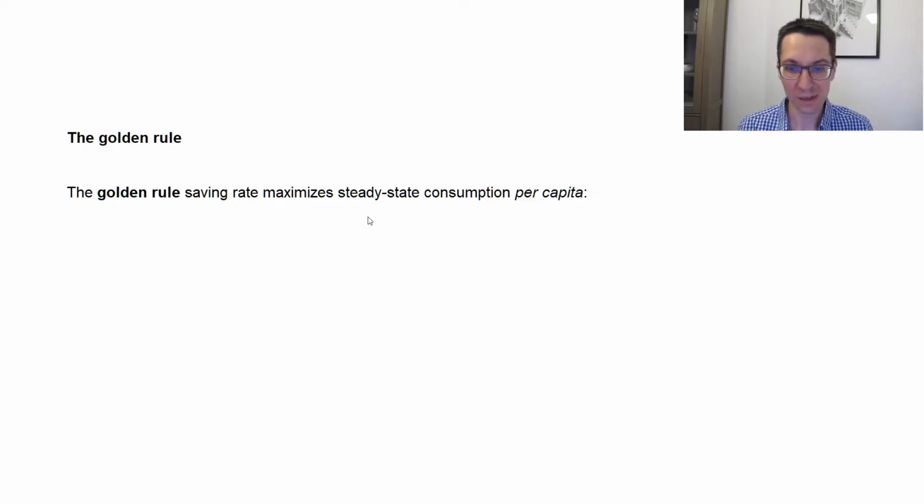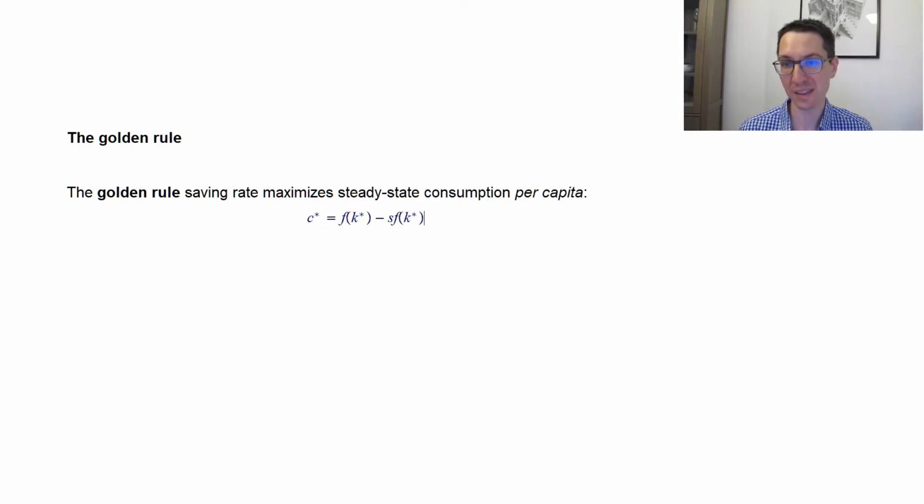So the consumption per capita at the steady state is written c star, and it is equal to production per capita, f(k star), minus whatever I need to save, so minus s f(k star).